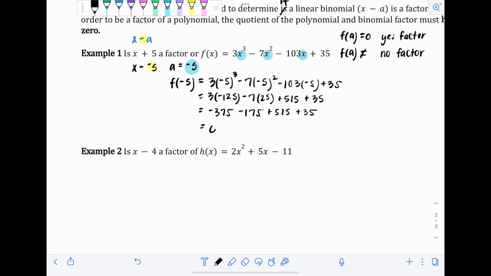So since we evaluated the function at f of a and we got 0, that means that the factor that we checked, x plus 5, is a factor of f of x. So we say x plus 5 is a factor of f of x.